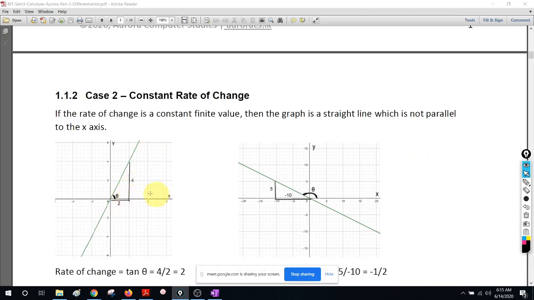For example, if this is time versus displacement, now you can see after 2 seconds displacement is 4, after maybe 4 seconds displacement is 8. There is a change, but that rate of change is constant. That is why we get a straight line. It's something like that person is moving at a constant speed, right?